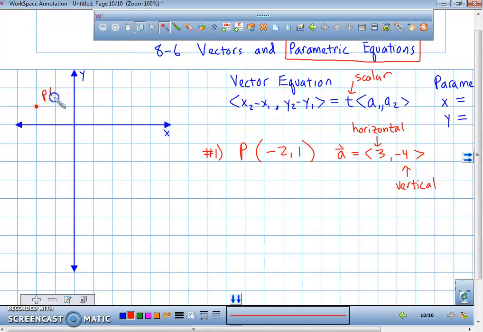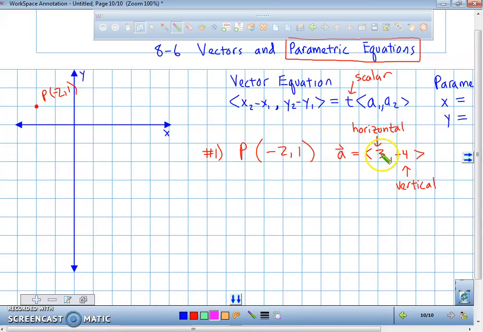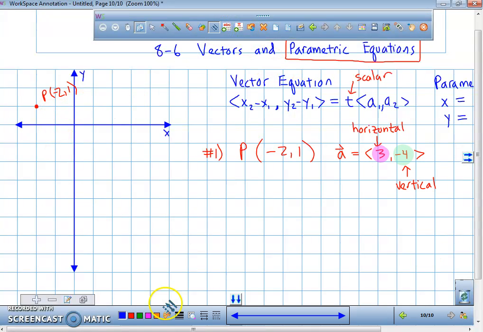Right here you can see we have the point at negative 2, comma 1. And we're going to highlight a couple of things here. We're going to highlight it in purple. Great. So right here, from this point, I'd like you to go over 3 units.